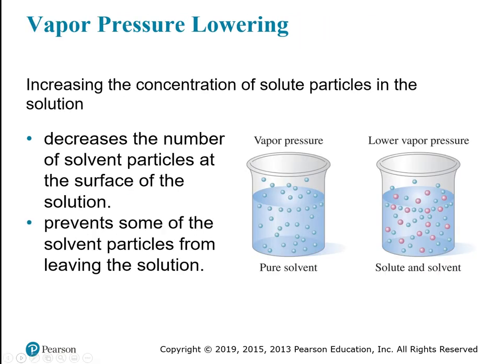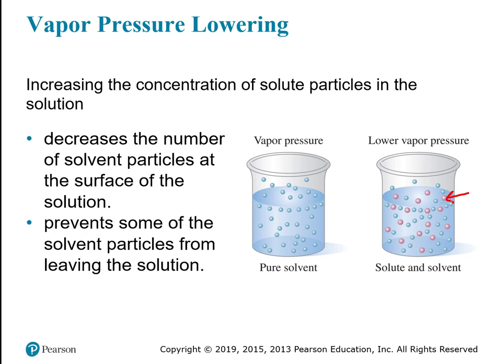Let's talk about them a little bit more individually. When you're increasing the concentration of a solute in a solution, what you're doing is making it so that there are fewer solvent particles at the surface, simply because you've introduced another particle. So now that particle is competing. Let's say again that we have our salt water. If you just have water, well, there's going to be water at the surface. It's going to be fine.